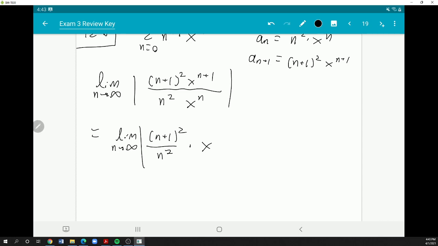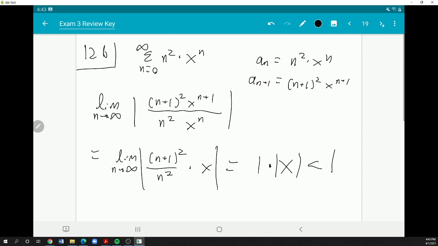So I get 1 times the absolute value of x. Okay, so this actually will converge as long as the absolute value of x is less than 1. So I couldn't fully trust my instincts there.